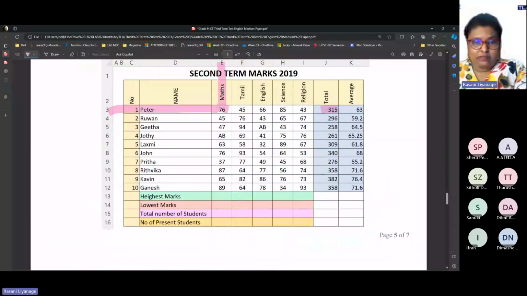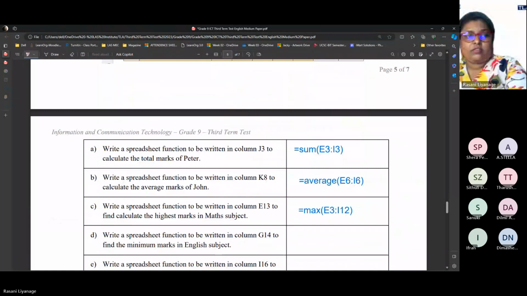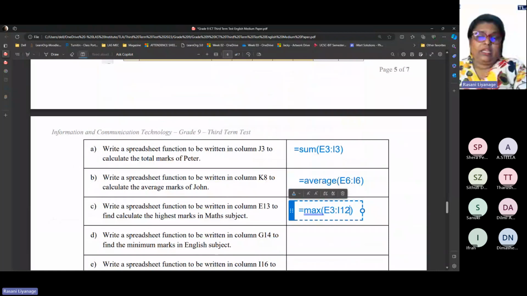Let me check, it is not E10, it is E12. Okay. Equals MAX, E3 to E12.